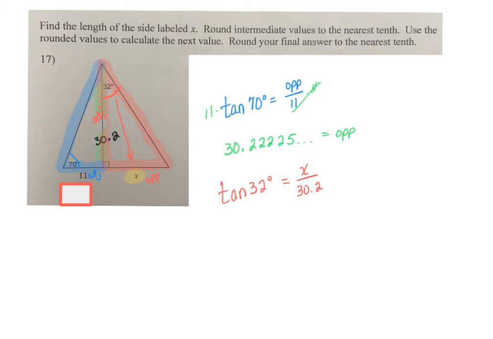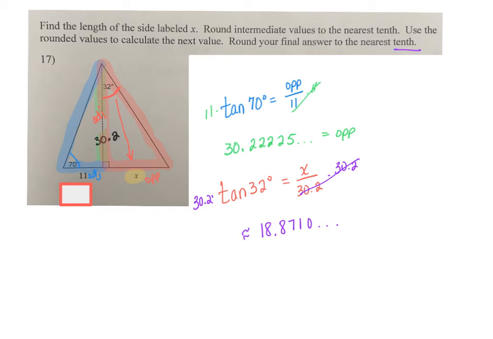And so again, to solve for this, I am going to multiply both sides by that 30.2. So in my calculator, I will multiply 30.2 times the tangent of 32, which will give me approximately 18.871, and it keeps going.